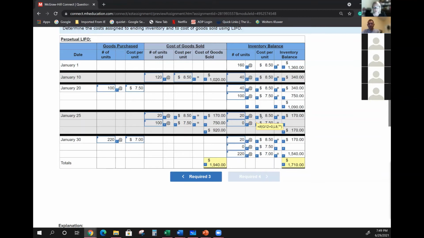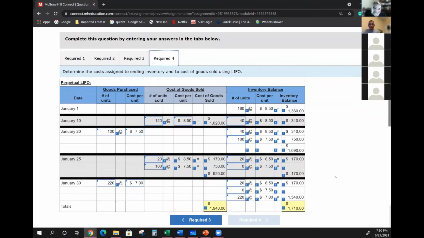So in the end, I have 20 units now at 8.50, and then I make another purchase, 220 units at 7. So I'm left with 20 from the 8.50 batch, and I have 220 from a new batch at 7. It's a little more detailed because you're keeping track of it as you go, but I like that method.